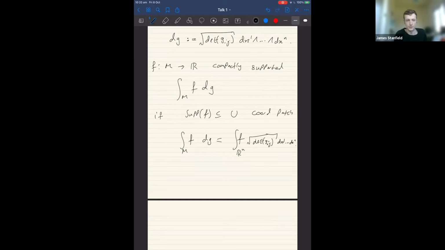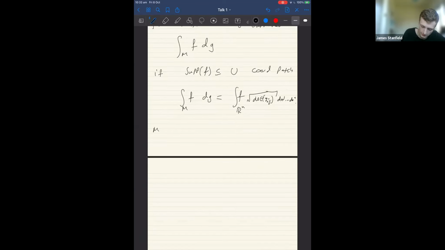Okay, so it just turns into your usual integral. And then if M is compact, then we can define a volume, so this just being the integral of the volume form itself. Okay.